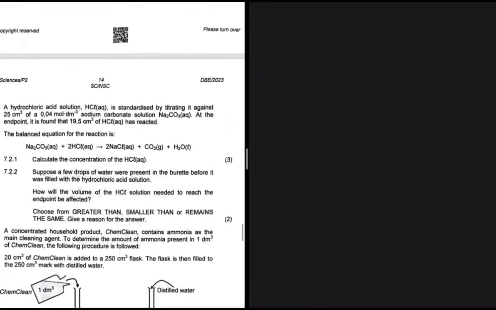Right, so if we do that, you're going to find that in 7.2.1, we are told that a hydrochloric acid solution, HCl, is standardized by titrating it against 25 centimeter cube of a 0.04 moles per decimeter cube sodium carbonate solution. Let's go ahead and jot that down, because the formula that we're going to use should be guided by the variables we have.